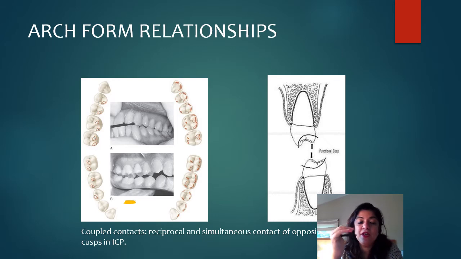Why are you doing that? You're doing that because you want to see where the upper teeth are coming in contact with the lower teeth. These are called points of contact, where the upper teeth come in contact with the lower cusps. Each and every tooth has that relationship.